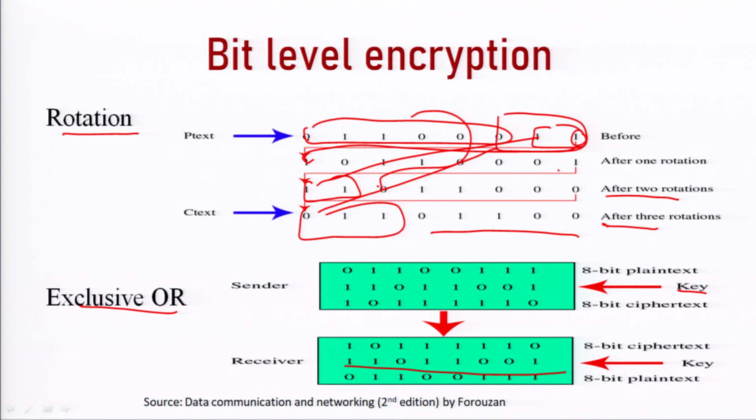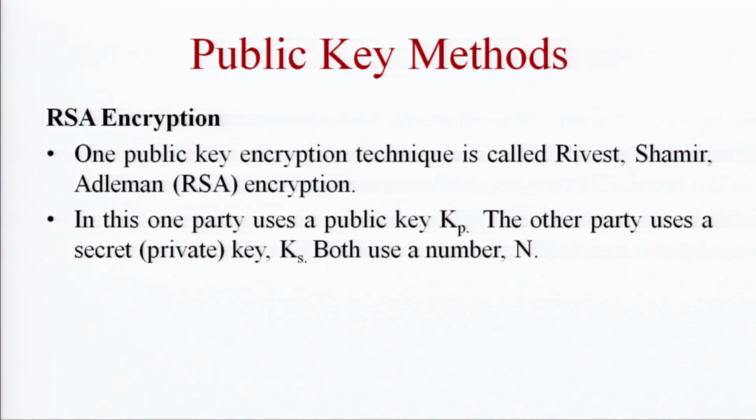So, this is what we discussed in the exclusive OR method, and another method is the public key method. This is the RSA method, RSA encryption, proposed by Rivest, Shamir and Adleman. In this one party uses a public key KP, the other party uses a secret key KS, and both use a number n.